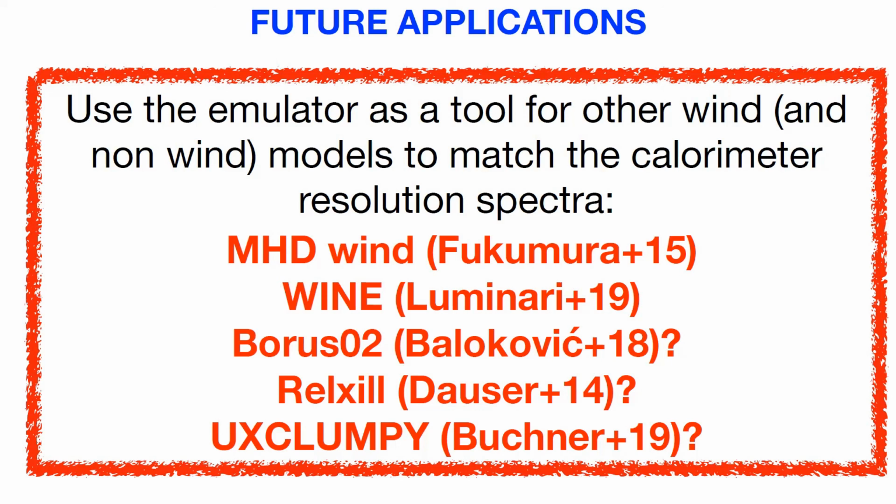But even if we do spend a lot of time, it will be just once, because after this training you can produce any wind model. So it's still work in progress, but I think we are going in the right direction. Thank you.